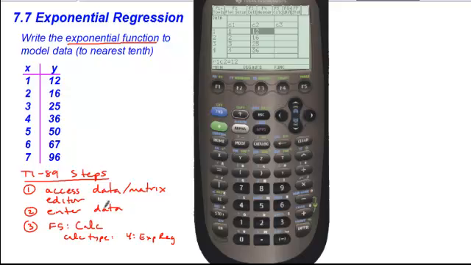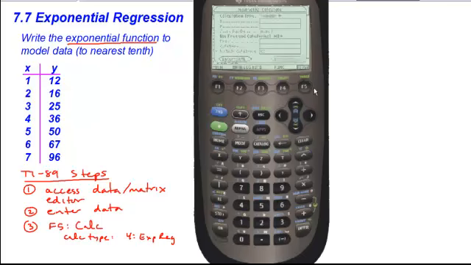Once you get all of the data entered, you then hit the F5 Calc tab. The calculation type you're going to choose is number 4, exponential regression. And just like all the other regressions we've done, you want to identify column 1 for X, so we'll select C1. The next field down is our Y's, which are column 2, C2.